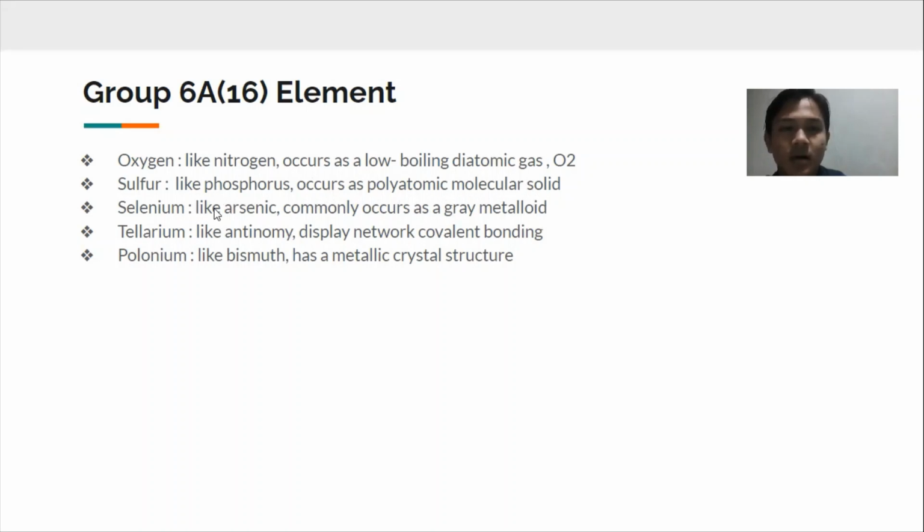And selenium is more like arsenic, commonly occurring as a gray metalloid. And tellurium is like antimony, where it displays network covalent bonding. And lastly, polonium, which acts like bismuth, has a metallic crystal structure.